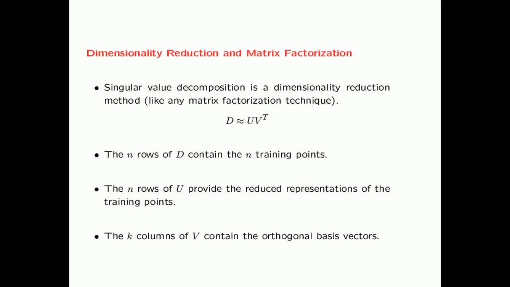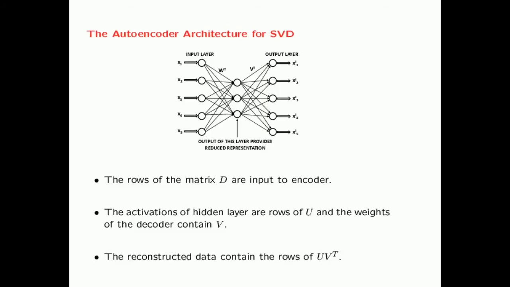So ideally we want our hidden representation such that every time you feed a row of D, the corresponding row of U appears in the hidden representation of your autoencoder. And the K columns of V contain the orthogonal basis vectors. Here I have shown the autoencoder architecture for SVD.